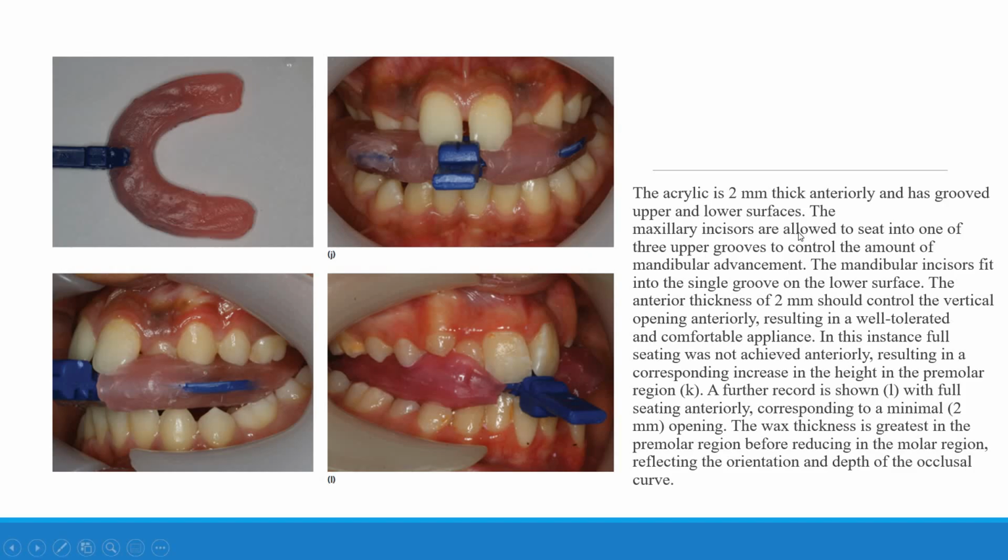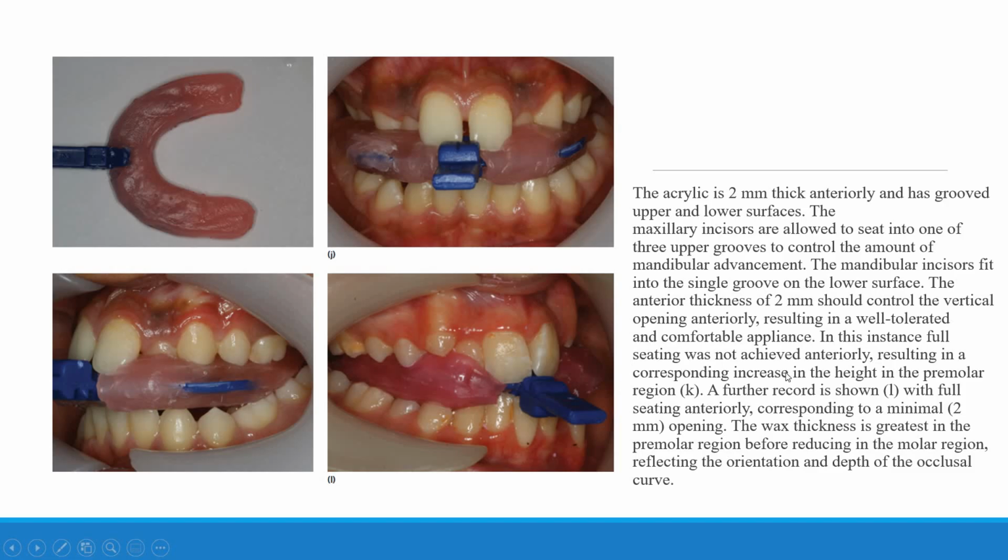Here we put the maxillary incisors to sit into one of the 3 upper grooves to control the amount of mandibular advancement. The mandibular incisors fit into the single groove on the lower surface. The anterior thickness of 2 mm should control the vertical opening anteriorly, resulting in a well-tolerated and comfortable appliance.